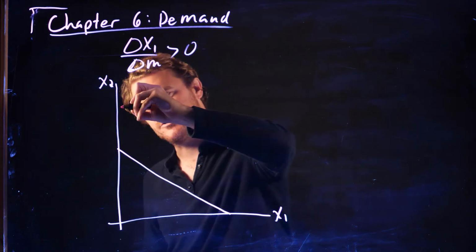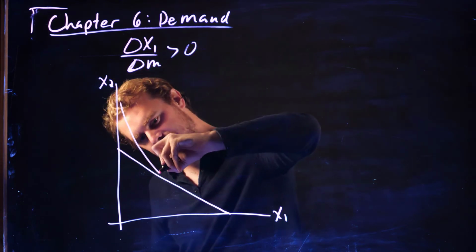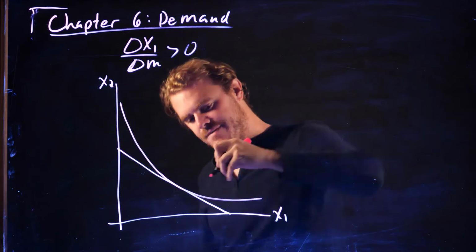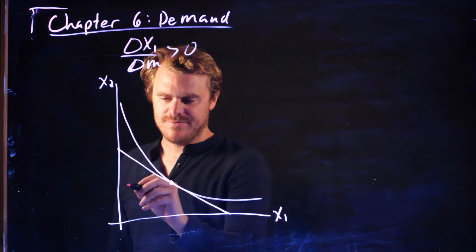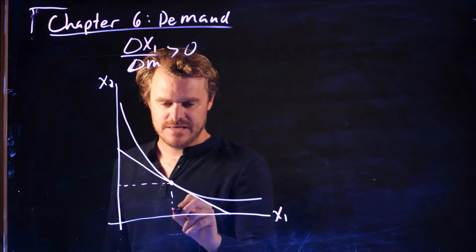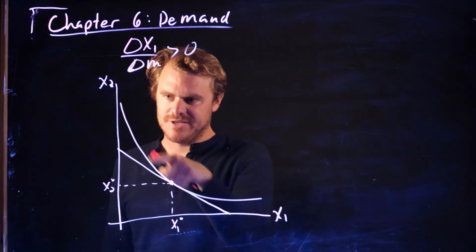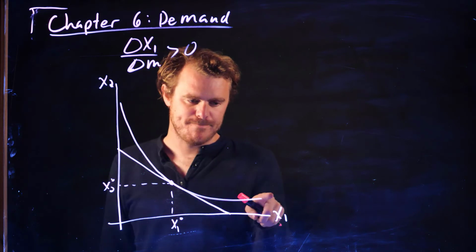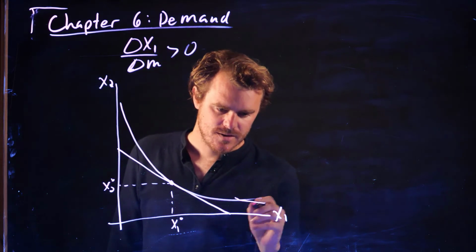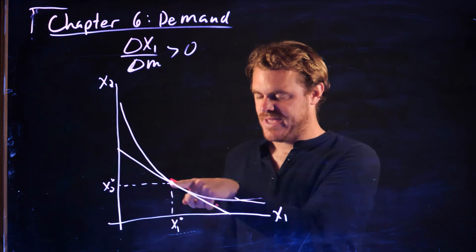We'll draw a nice, well-behaved indifference curve, and we get some x1 star, x2 star at this tangency point between the indifference curve and the budget constraint.